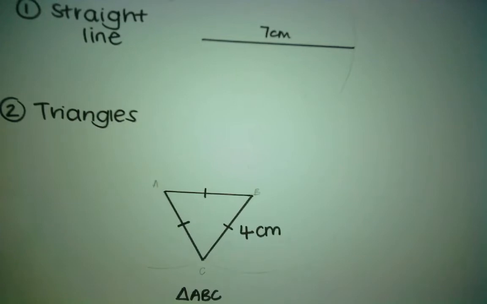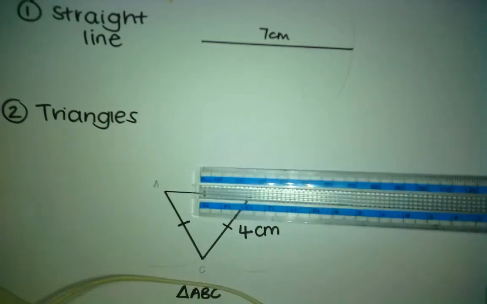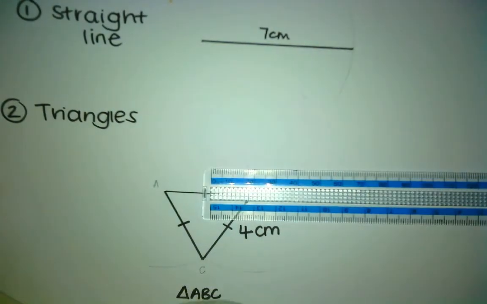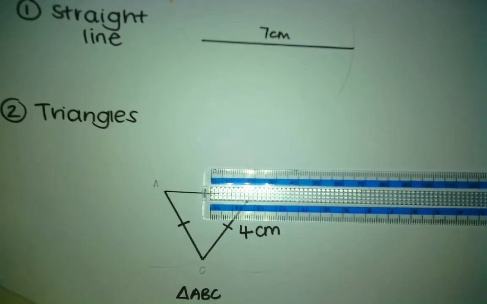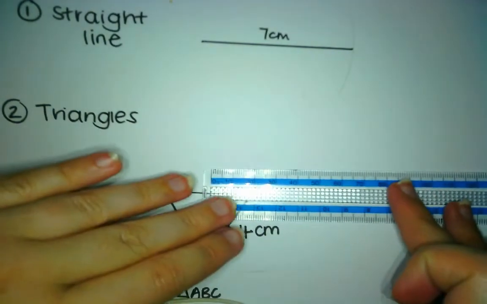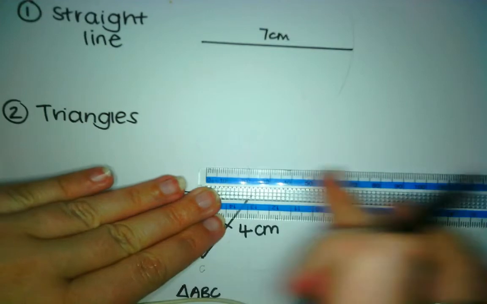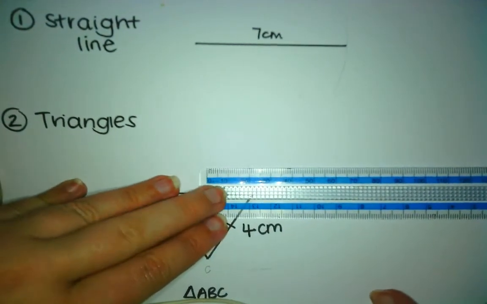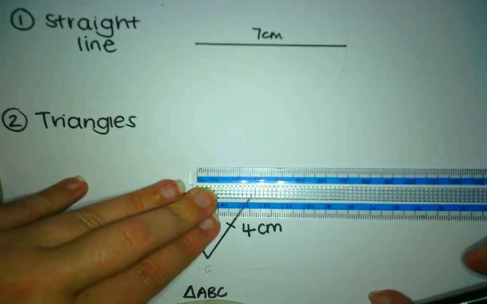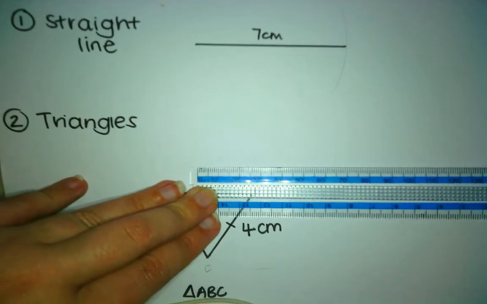Right, then we've got the isosceles next. So the isosceles is a bit different. I'm going to draw it on top of here. The one thing you need to keep in mind is that you can make the bottom line of your triangle the longer line, and then from there you make the smaller ones.